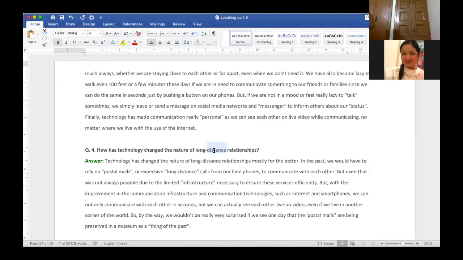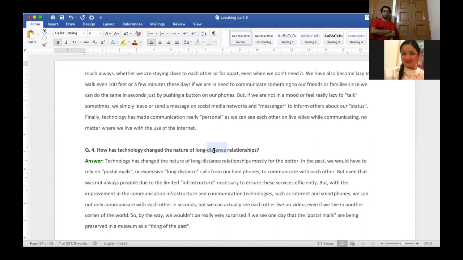Technology has changed the nature of a long distance relationship. It becomes stronger and better. Before, we only used handwritten communication.